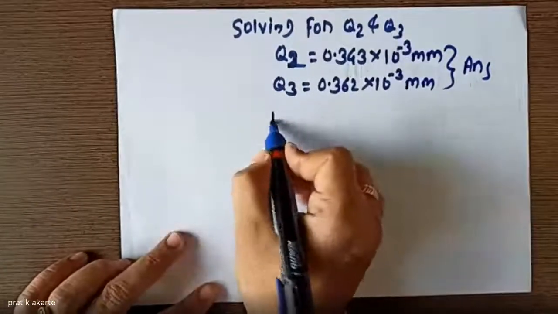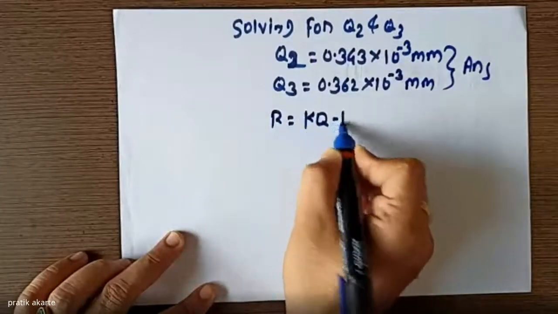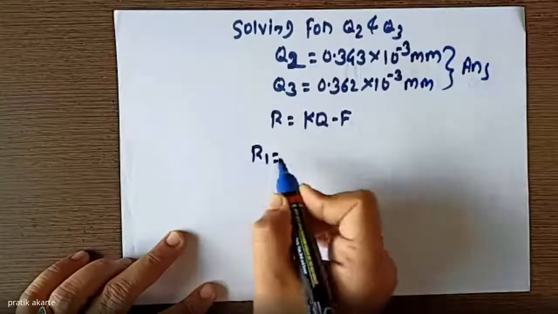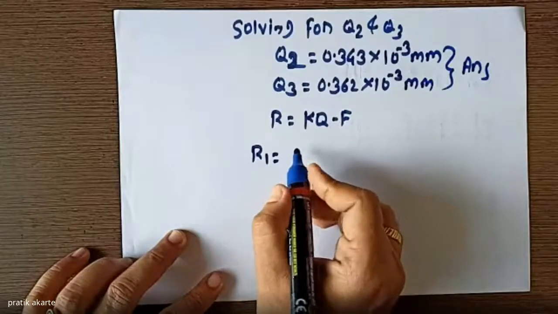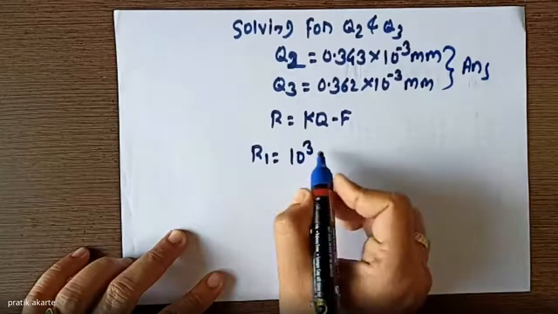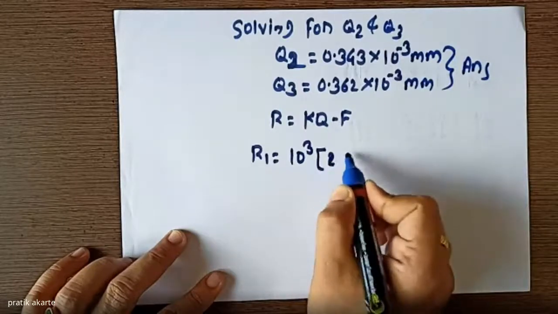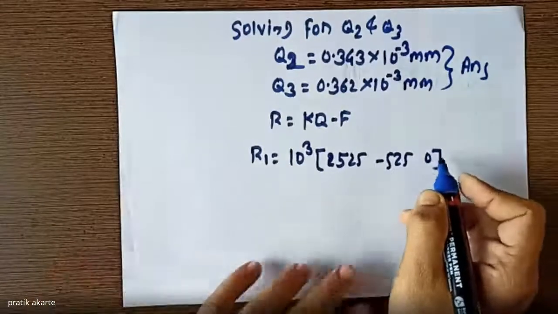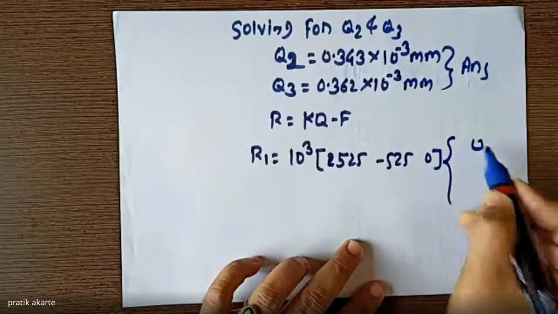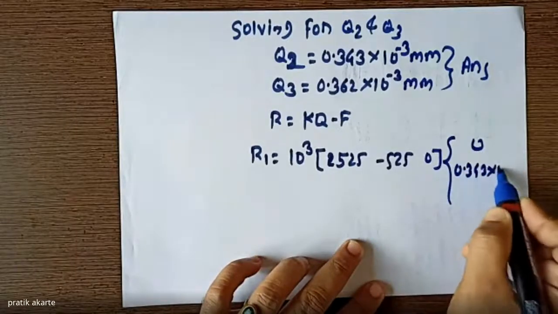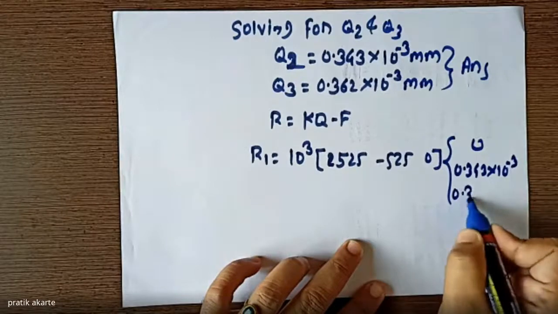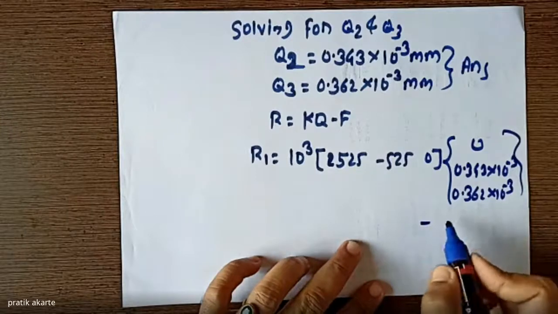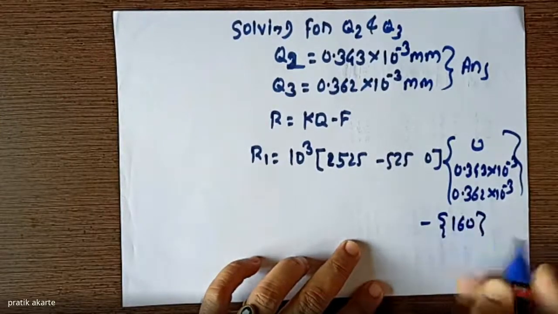Now the reaction force R is equal to KQ minus F. So we are getting only one reaction force, at R1. So R1 is equal to 525, minus 525, 0, times the displacements 0, 0.343 into 10 raised to the power minus 3 and 0.362 into 10 to the power minus 3, minus the force at node number 1, which is 160.